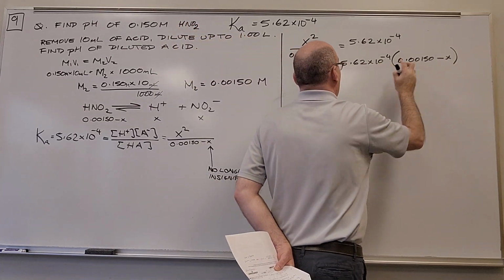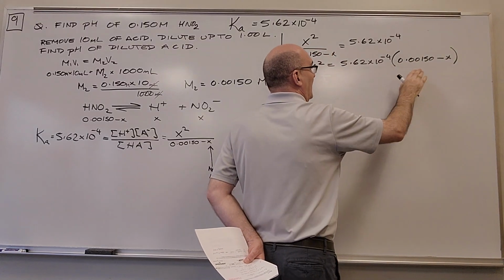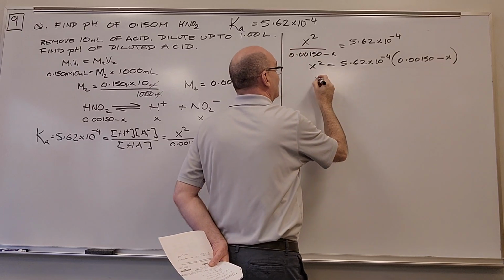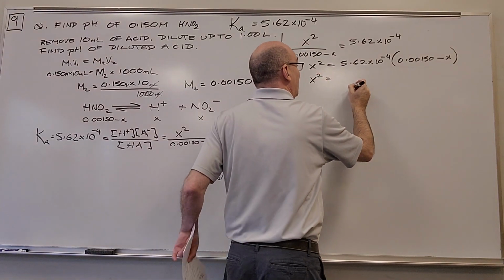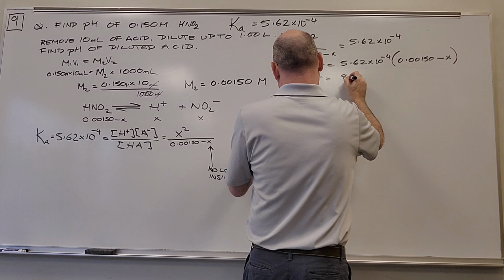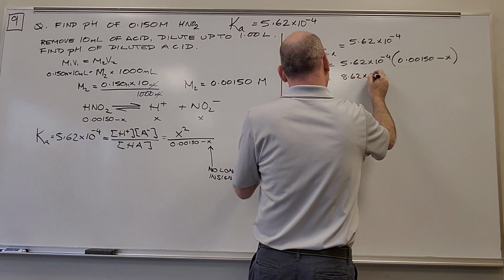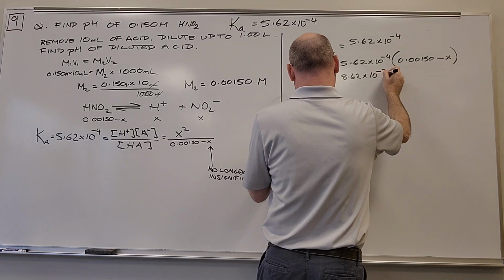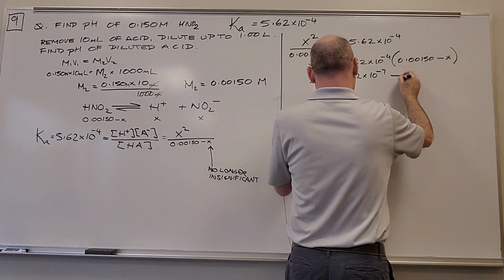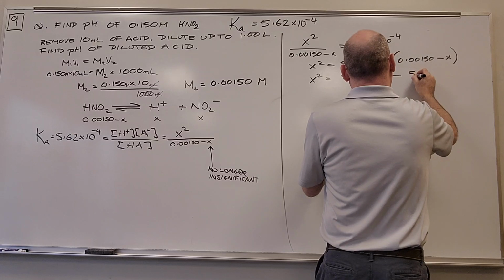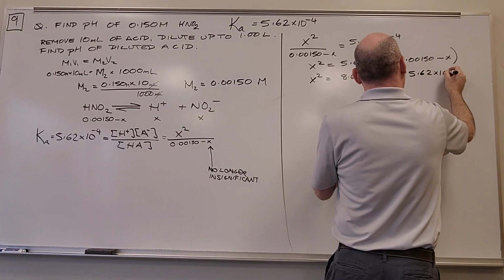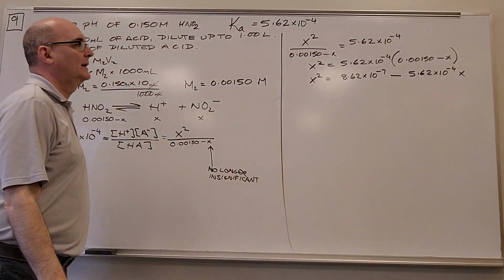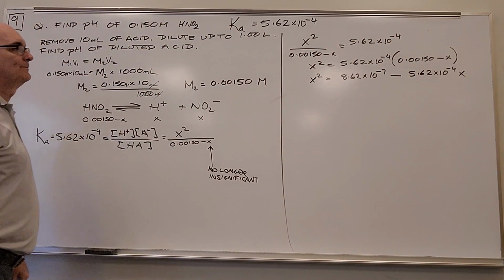This number multiplied by that number is our first term, and this number multiplied by that value is our second term. So x squared is 8.43 times 10 to the negative 7 minus 5.62 times 10 to the negative 4 x. So I just expanded that bracket out a little bit.